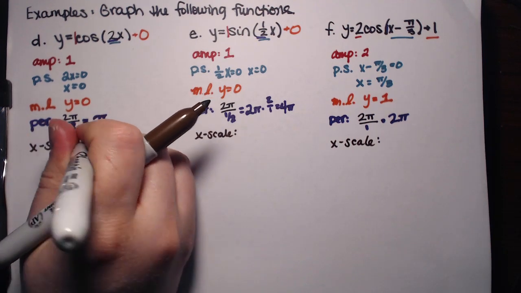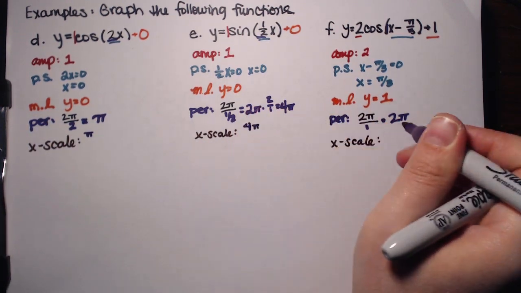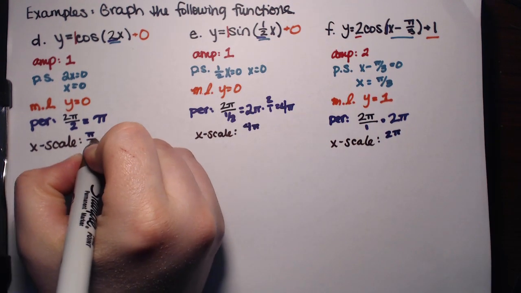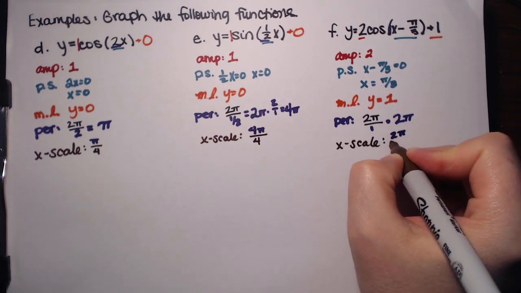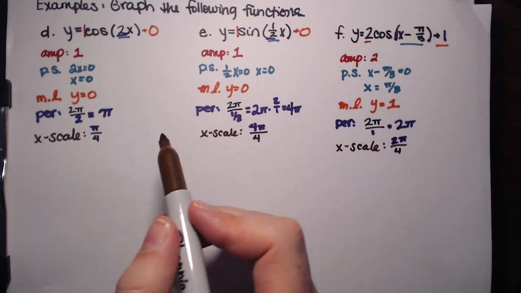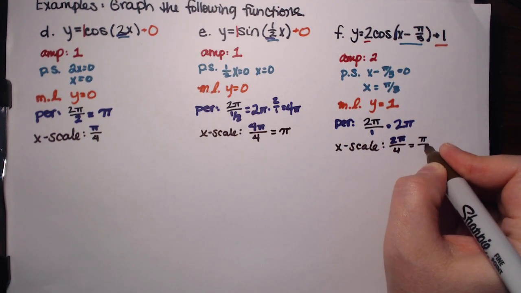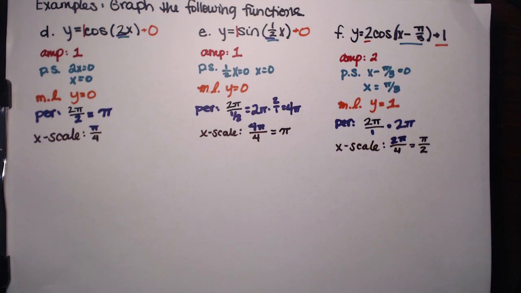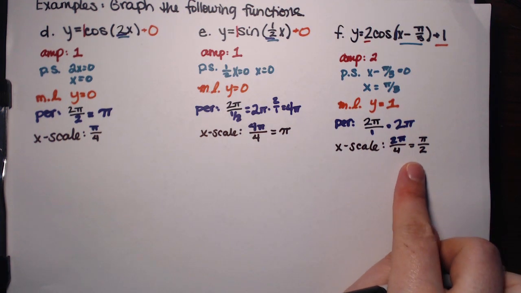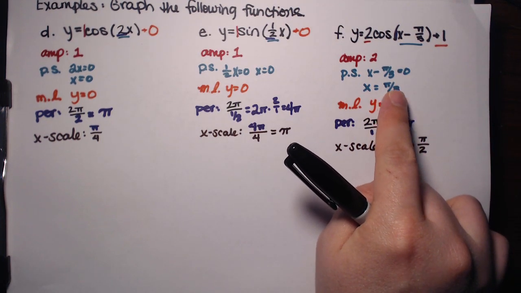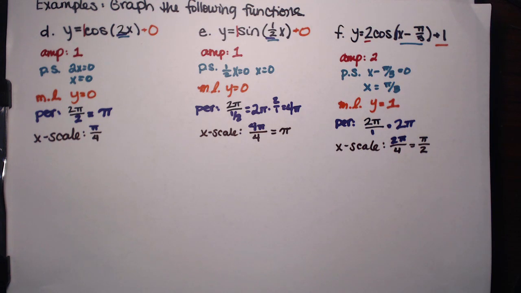So this one's just pi fourths, this one turns into pi, and this one turns into pi halves. So that's how I need to scale my x-axis. This one's going to be a little complicated because we have an x scale of pi halves and a phase shift of pi thirds, so we're going to want to get a common denominator on that one, but we'll do that when we get there.